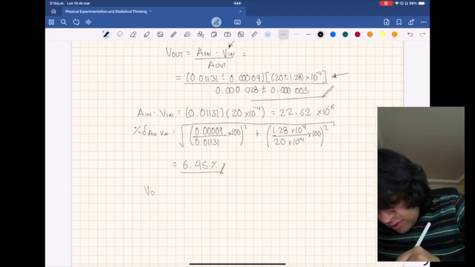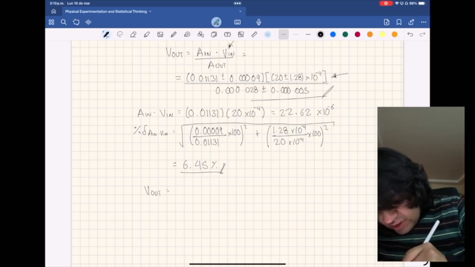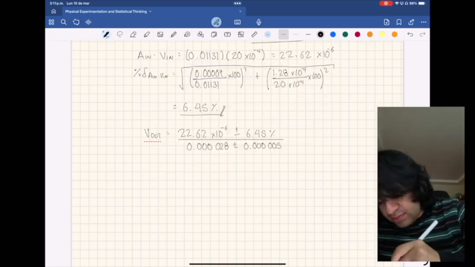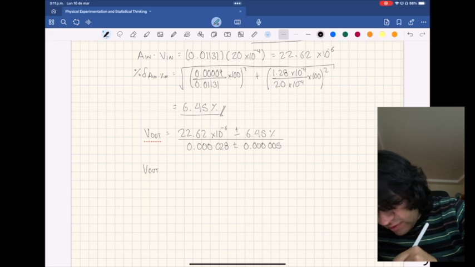Now, the outlet velocity is determined by the following. First, we do the division of the terms.